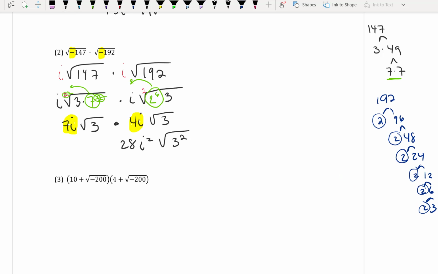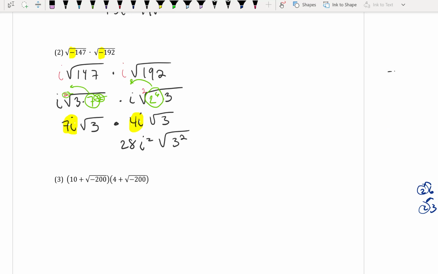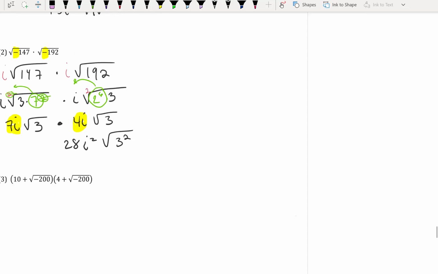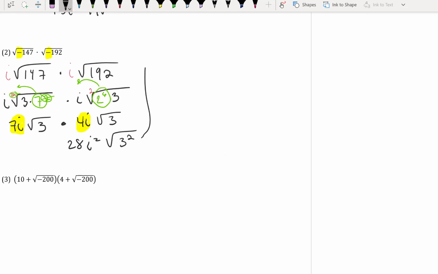And since this is being multiplied, well, I multiply the coefficients. So 7 times 4 is going to give me 28. i times i is i squared, and I have the square root of 3 squared. So now I can simplify this a bit more. So now I know that this is 28. Well, that i squared, don't forget, is really -1.